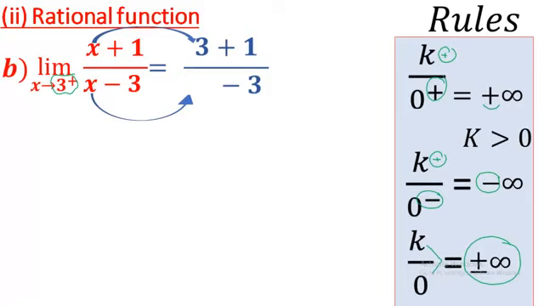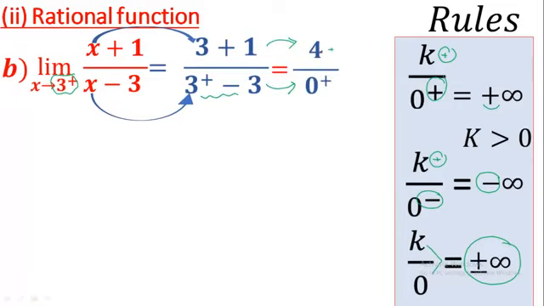So I will get 3 plus 1 over 3 plus minus 3. 3 plus 1 is 4 and 3 plus minus 3 is 0 plus. And a positive number over 0 plus gives plus infinity. And this is determinate form.